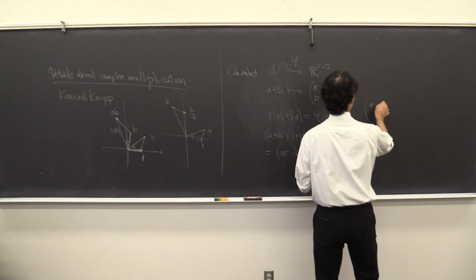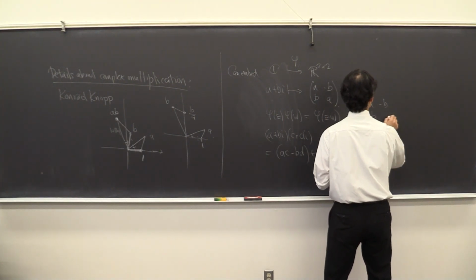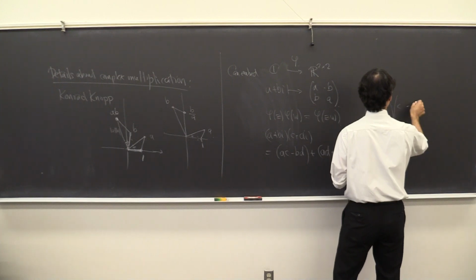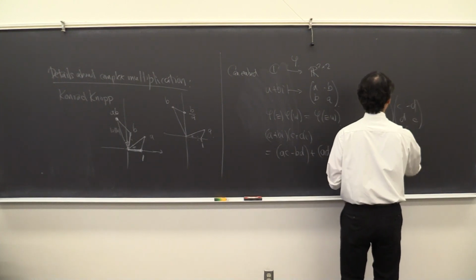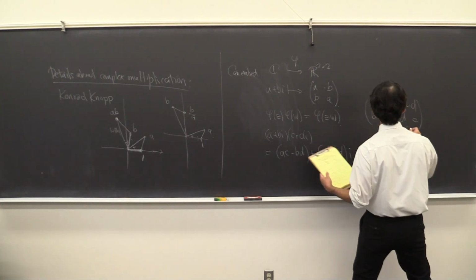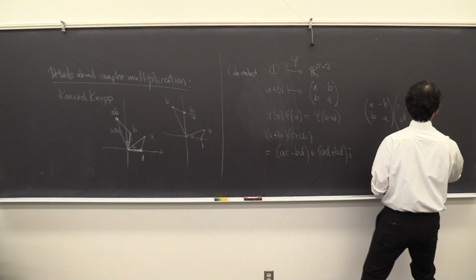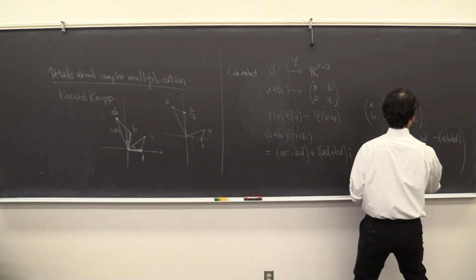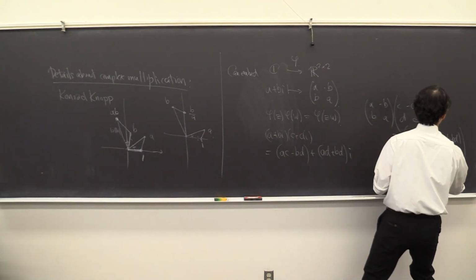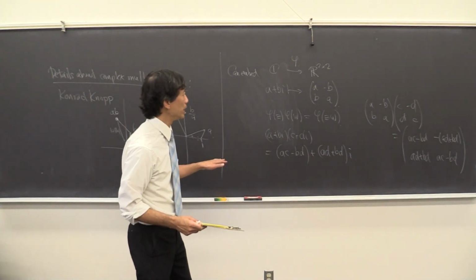And if you take the corresponding matrices, with rows a, negative b and b, a, and c, negative d and d, c, and multiply them, you're going to get the matrix that corresponds to this: ac minus bd, negative (ad plus bc), ad plus bc, ac minus bd. So that's really nice.